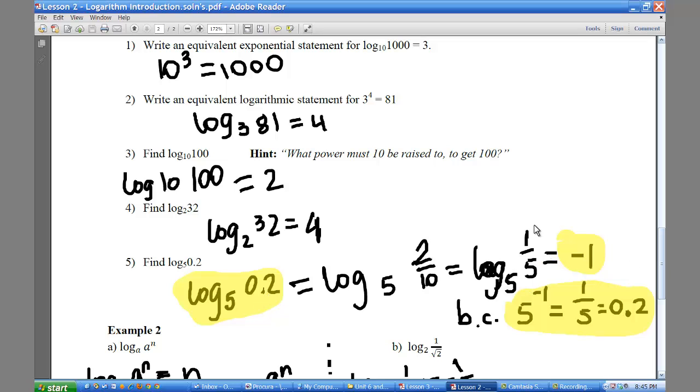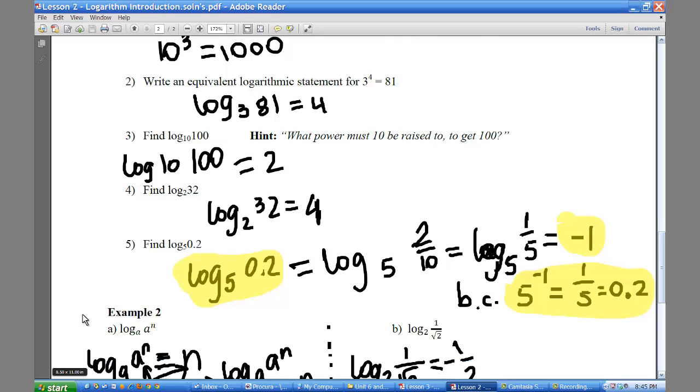Now, to get 1 over 5 from 5, I have to raise my 5 to the exponent of negative 1. 5 to the power of negative 1 gives me 1 over 5, which is the same as 0.2, because if I multiply it by 2, I'm going to get 2 over 10. So log 5 of 0.2 equals negative 1.